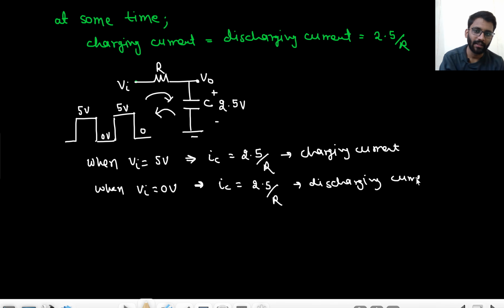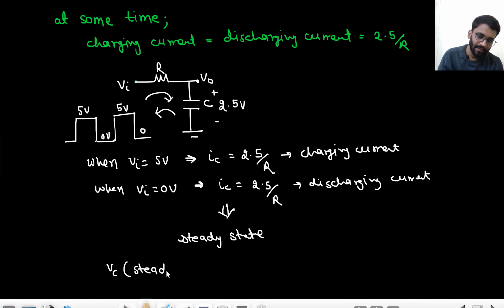So this is what we call the steady state. If they ask you in this complete analysis, what will be the VC value at steady state? That would be 2.5 volt, not 5 volt.